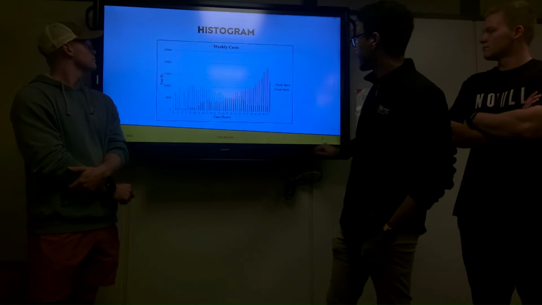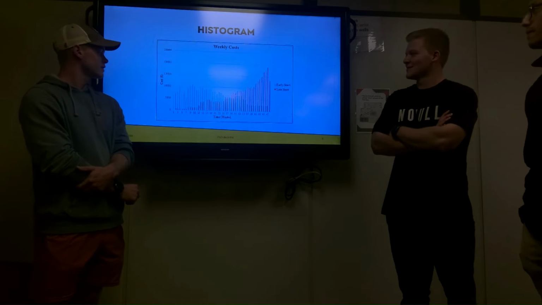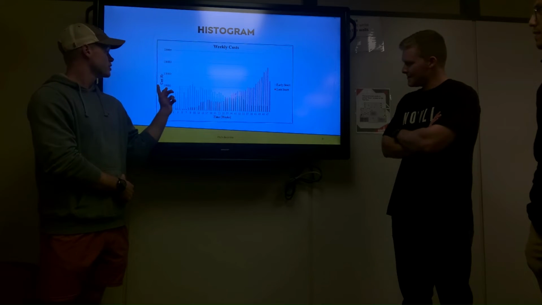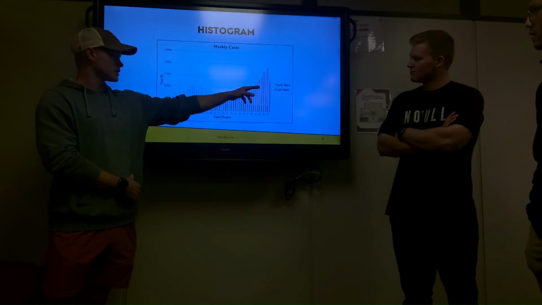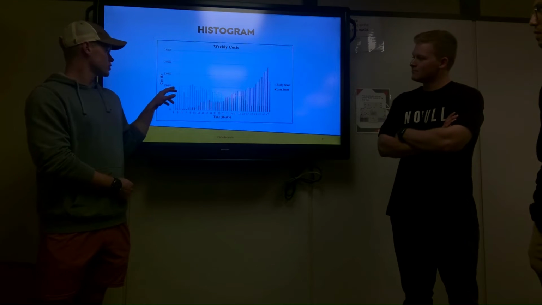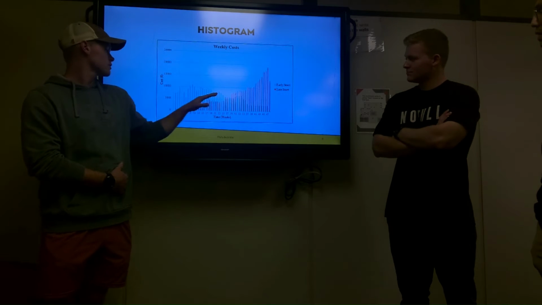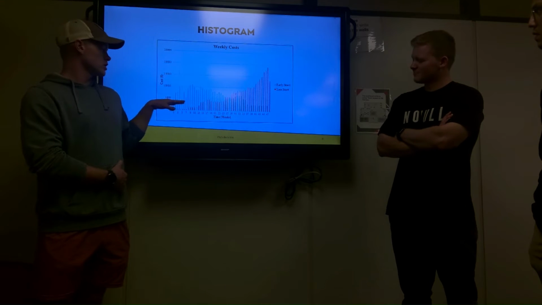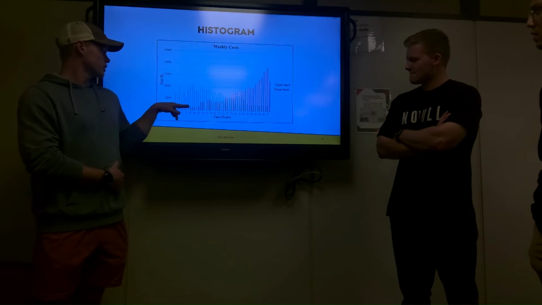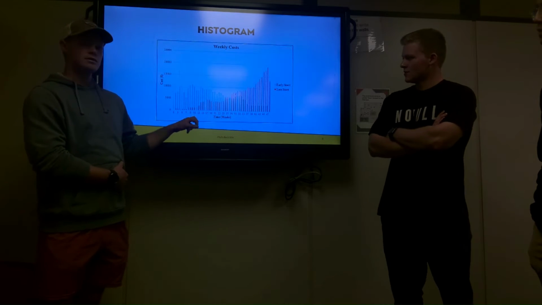All right. Now we've got the histogram, which is the daily cost over time, with the early start in the blue, late start in the red. As you can tell, early start starts off more expensive, then as you go, it starts to get less expensive, and the late start does the opposite. It starts out really cheap, and then it ends up costing more towards the end.